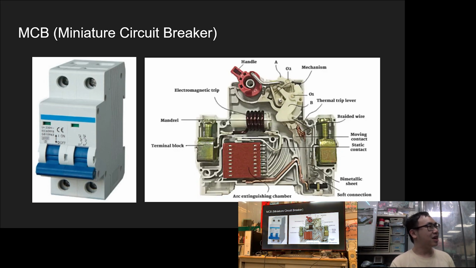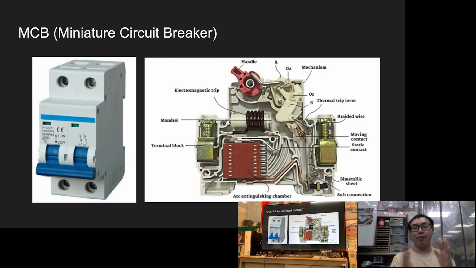Circuit breaker. A circuit breaker looks like this. Finally, it's all due to magnetics. I'm not going to explain very deeply, but the circuit breaker we are always referring to is a miniature circuit breaker, MCB.